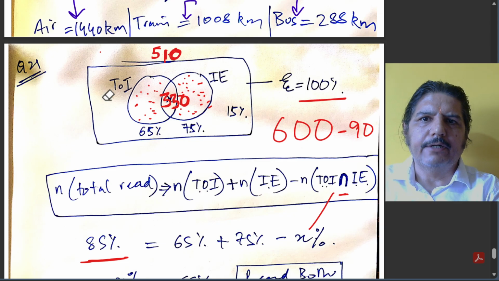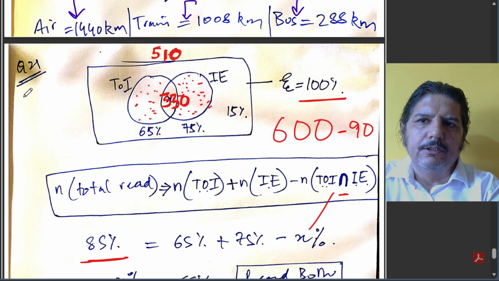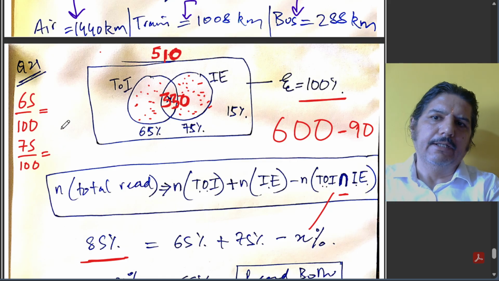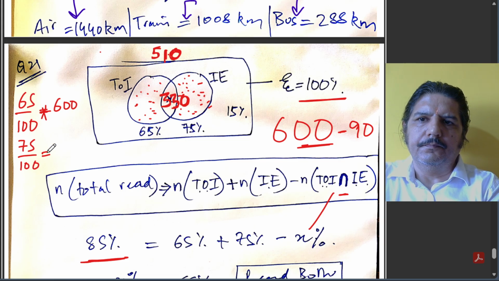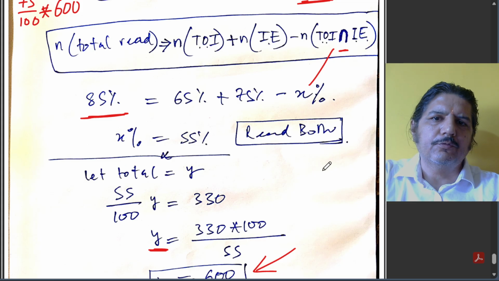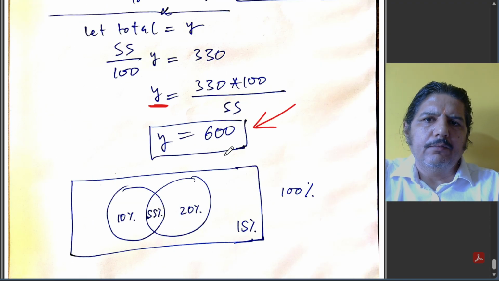Another interesting thing that you can try to do is, these Times of India readers, they are 65%. The Indian Express people, they are 75%. 65% of total, that is 600. So you can calculate these also. So finally the answer that we are looking for, this part is just to explain what is happening.